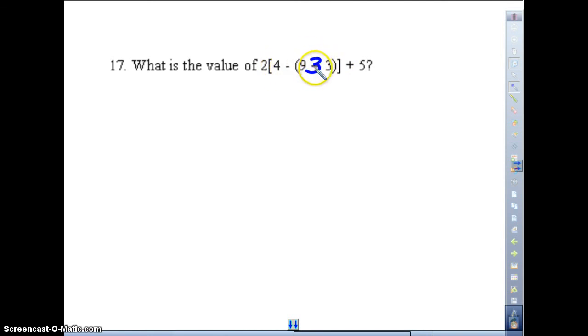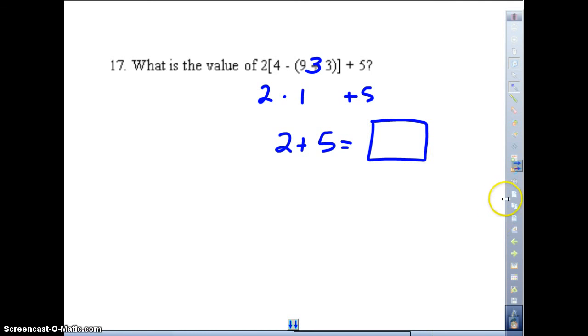Yeah, that becomes 1. And do you notice how 2 is on the outside of the brackets? That means take 2 and multiply by whatever's inside the brackets, and then add 5 to it. Now you're down to multiplication and addition, so let's multiply next. And the last step is to add. Nice little review of order of operations.